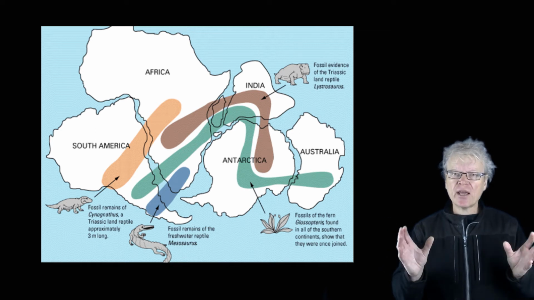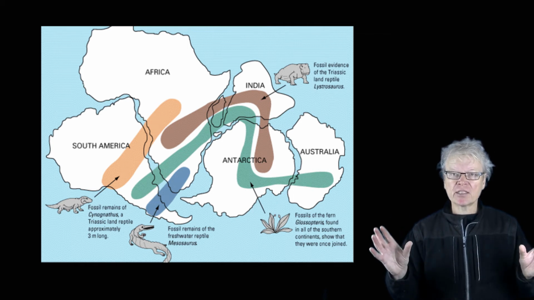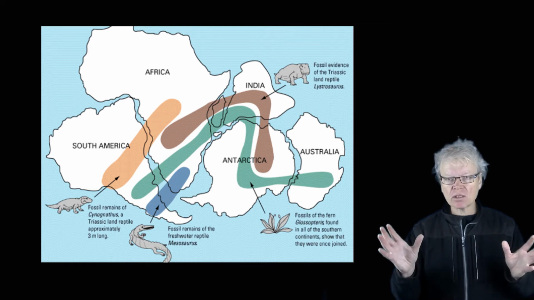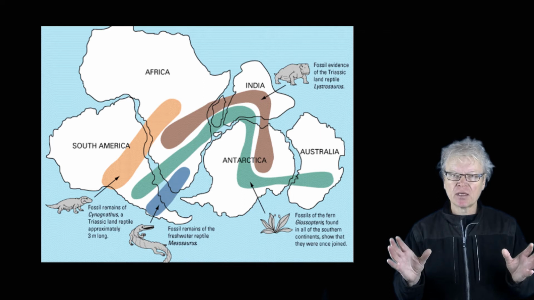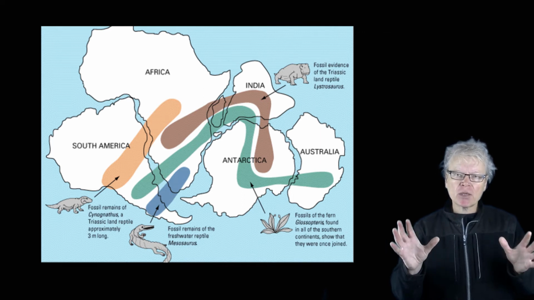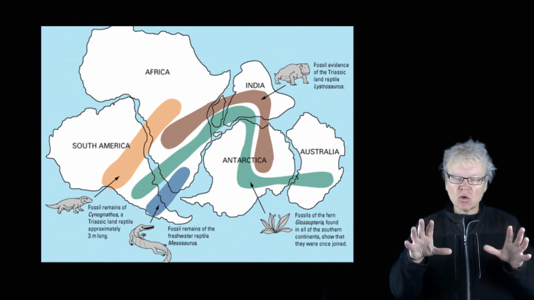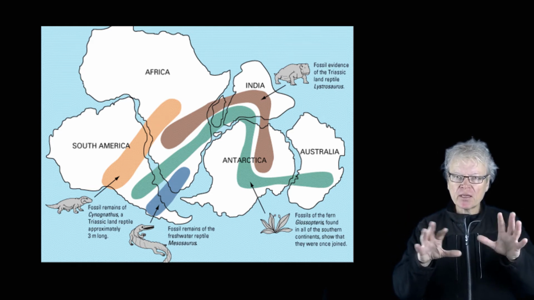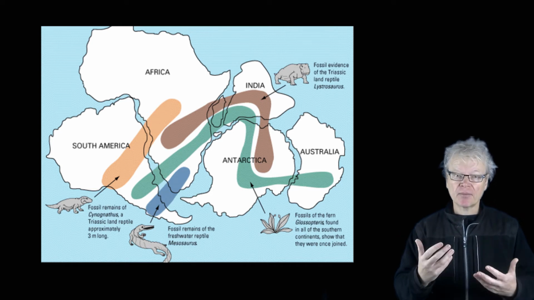So how did you get these same fossils occurring on continents that were now many kilometres apart? Now, animals perhaps could have walked, but plants don't walk and don't travel very far generally. So that was a real conundrum. And so by putting that evidence over top of this jigsaw sort of theory, then people started to think, well, perhaps once upon a time these continents were together.